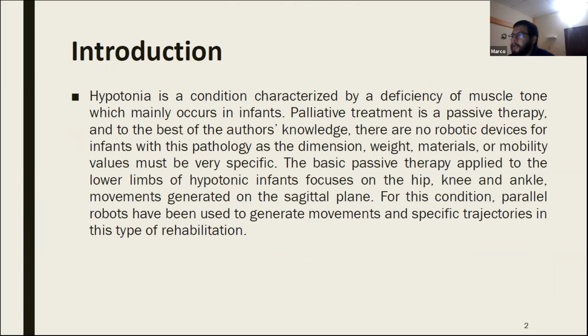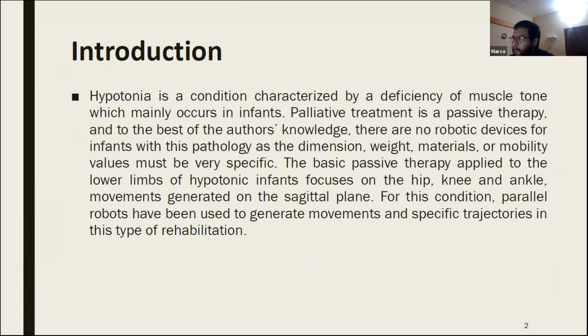Hypotonia is a condition characterized by a deficiency of muscle tone, which mainly occurs in infants. Palliative treatment is passive therapy, and to the best of the authors' knowledge, there are no robotic devices for infants with this pathology, as dimensions, weight, materials, or mobility values must be very specific.